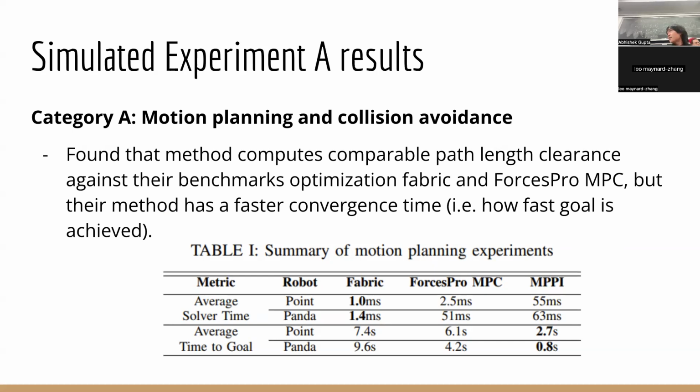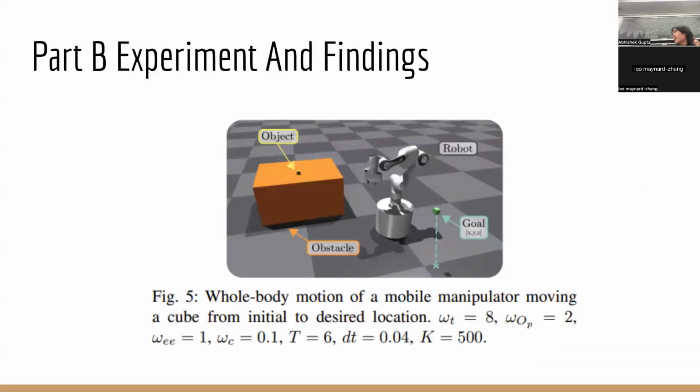That's the part A experiment. Part B was about how well their robots account for error, especially robots with high degrees of freedom. Their experiment simulated a robot arm that can move in 3 directions, and how well it can grab the object on the table and move it to the goal location.